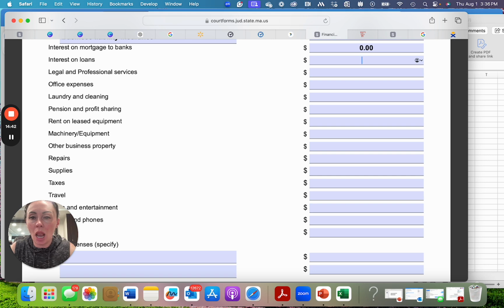Interest on loans. These are business loans, not personal loans. So if you have taken out maybe a small business loan or any kind of loan, you need to give an average of what you're paying for interest on a monthly basis.